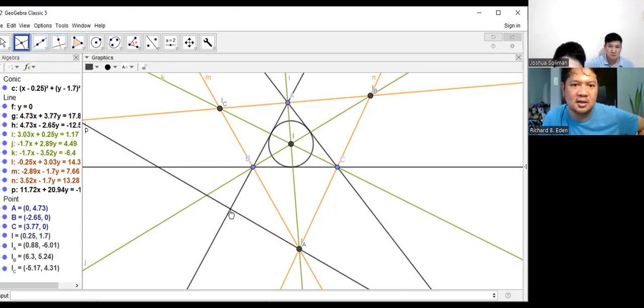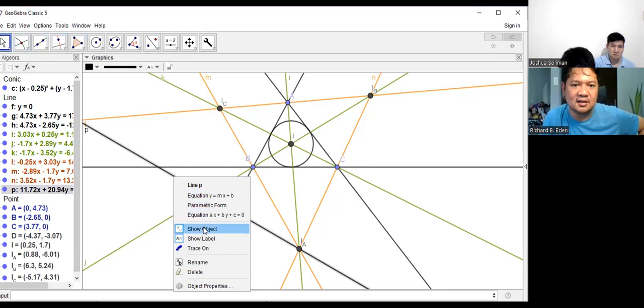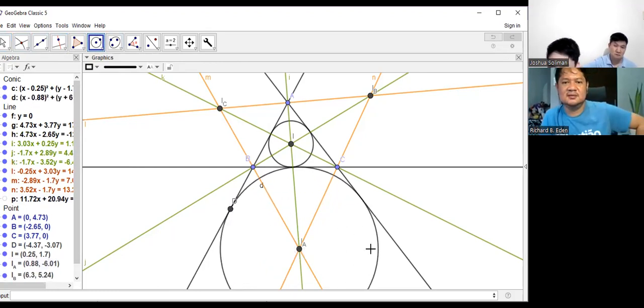And then that's gonna be the point of tangency. But I'm gonna hide this line para hindi masyadong magulo.